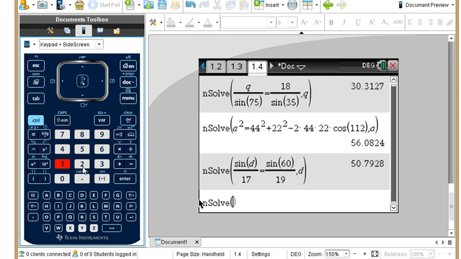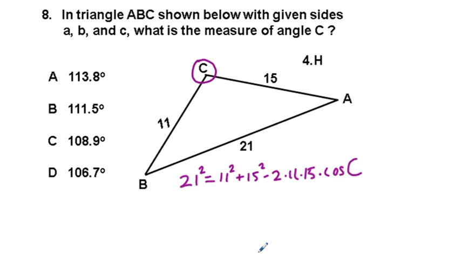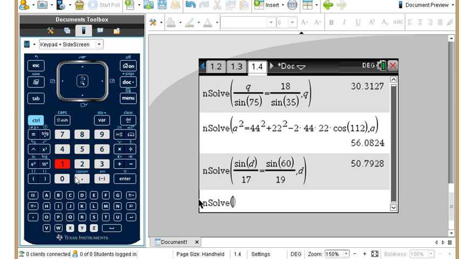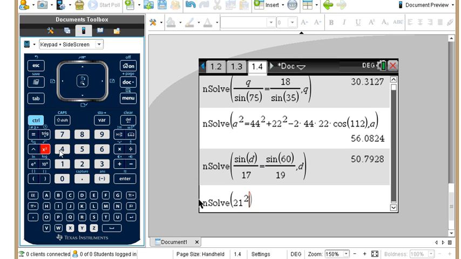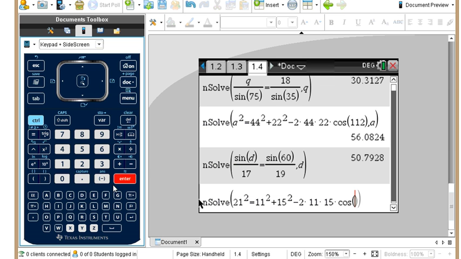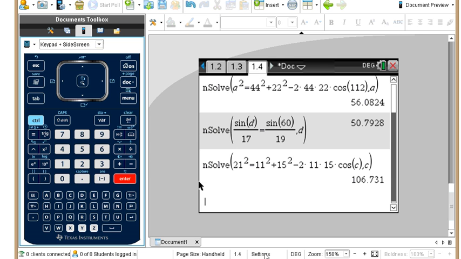So we put in our equation, which is 21 squared equals 11 squared plus 15 squared minus 2 times 11 times 15 times cosine C. We'll put the C here and press comma C. We're still in degrees, so we get 106.7 degrees.